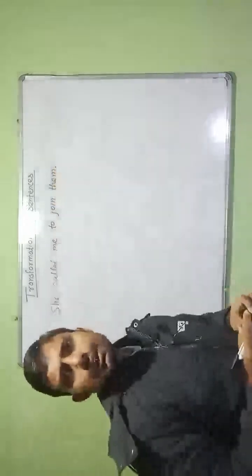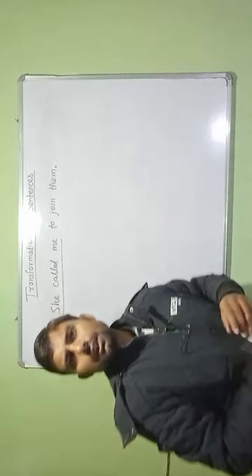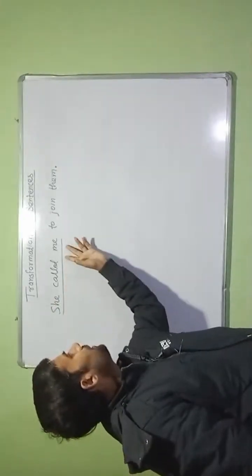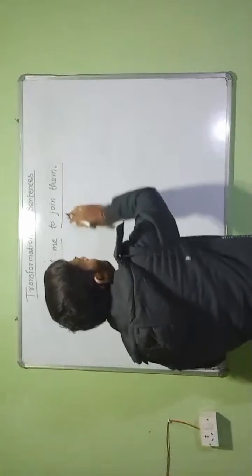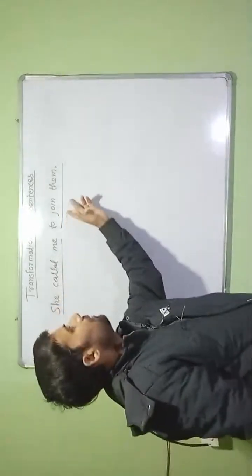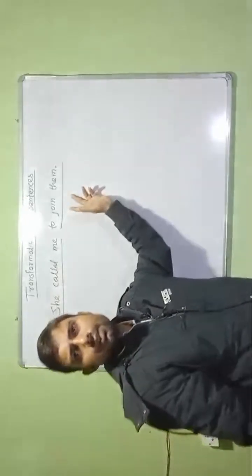Now, in this sentence, from here to here seems like almost a complete sentence with a subject and a verb, right? She called me. So here this is a clause, and this part, does it have a subject? No. Does it have a verb? No. It doesn't have a subject, neither a verb.